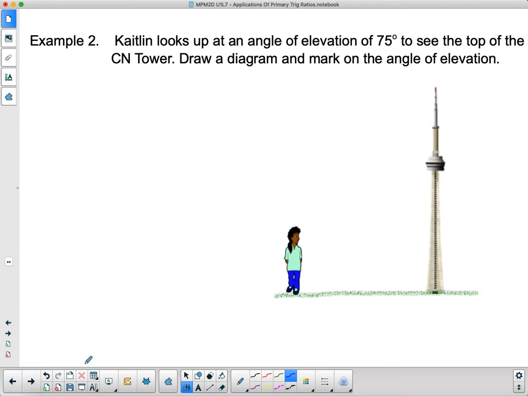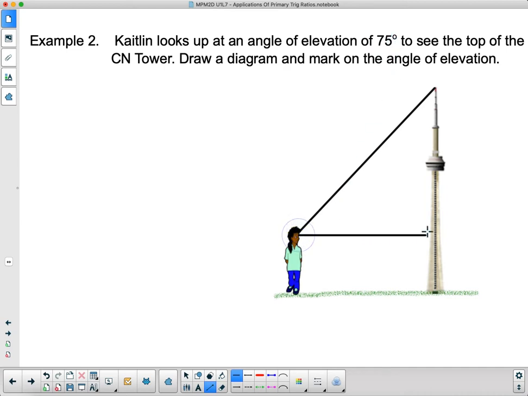This says Caitlin looks up at an angle of elevation of 75 degrees. So let's take a look. Caitlin, this is Caitlin here. She's going to look up to the top of the CN tower. So there's her line of sight. And since it's Caitlin doing the measuring, where the angle is being measured from needs a horizontal line. So we need to go out from Caitlin's eyes with a horizontal line.